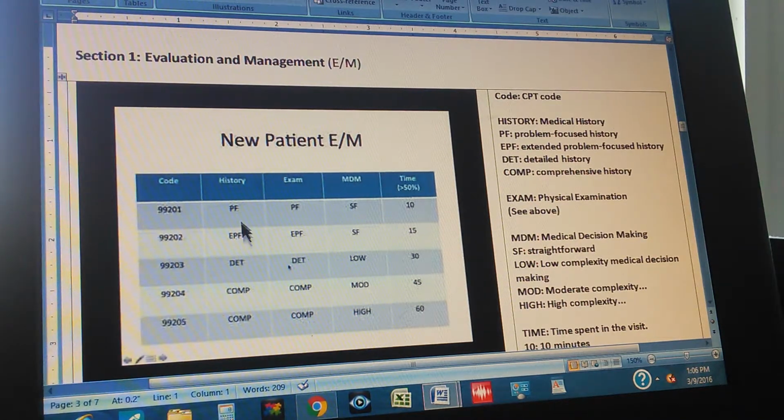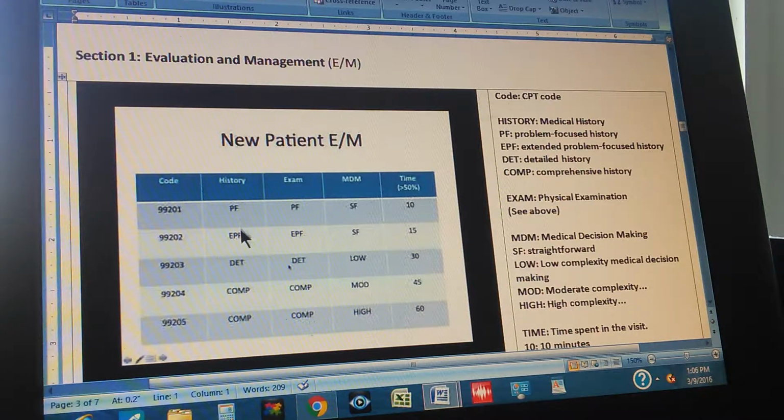In this table here, it's all like a synopsis, like a summary of all the possibilities, right? So this is the CPT code. And can you read this? History. History here means medical history. Now the PF means problem-focused history, that's one of the categories for history.